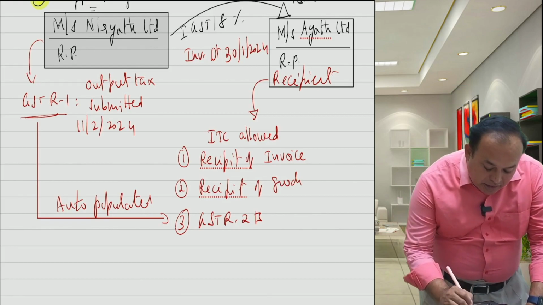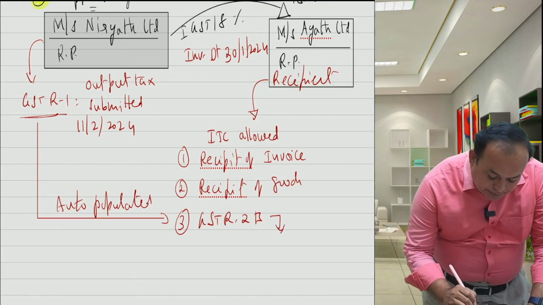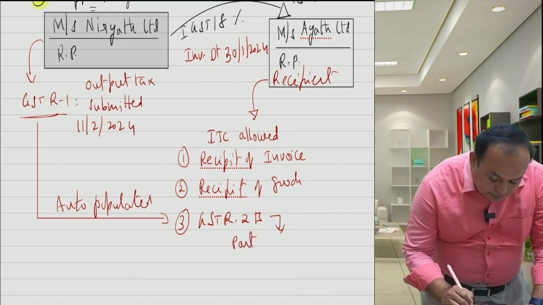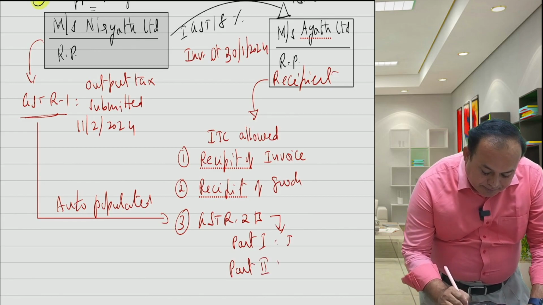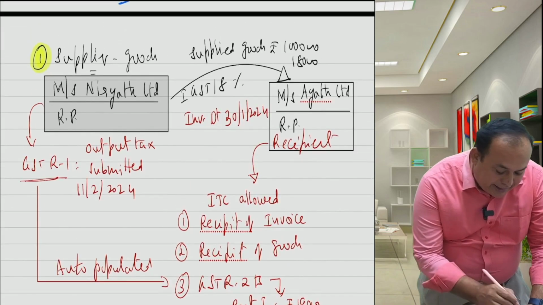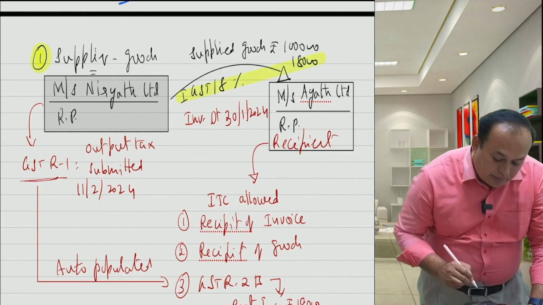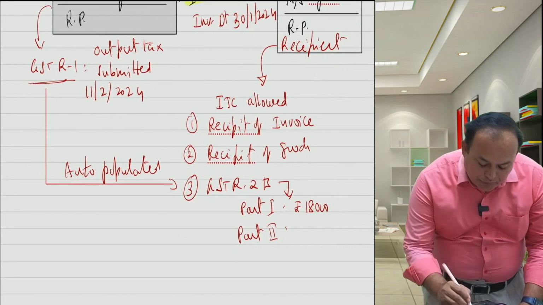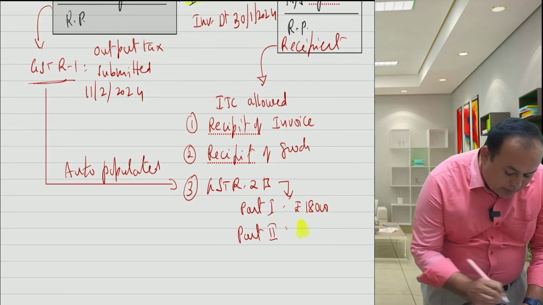In that there are two parts, part 1 and part 2. Where it is part 1, how much is it? 18,000 IGST is allowed as input credit. Part 1 means fully allowed. Part 2, for example here, nil.